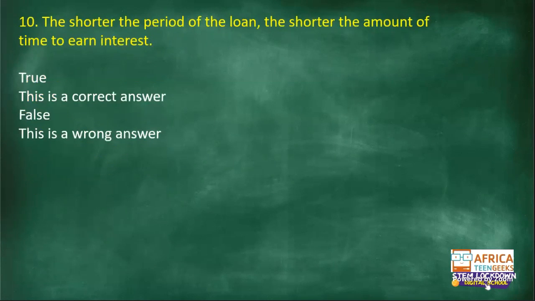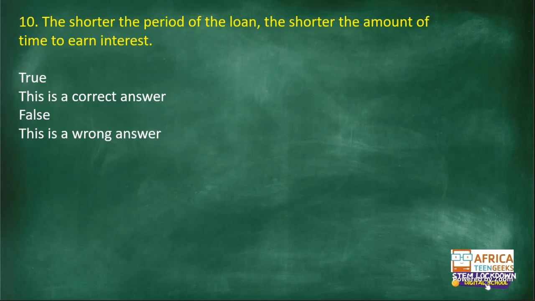Right? And of course, you can see here we have a statement which you need to analyze. It says that the shorter the period of the loan, the shorter the amount of time to earn interest. Is this a true statement or false? So if the loan period is short, then even the time will be shorter, to earn interest.